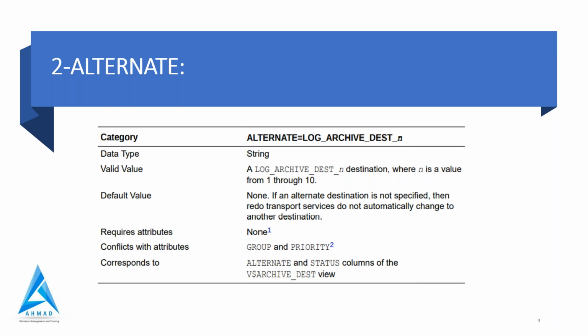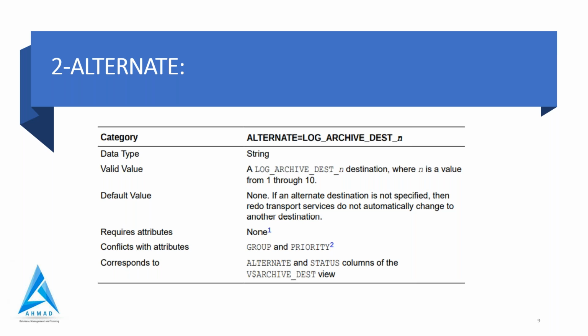If an alternate destination is not specified or MAX_FAILURE is set to 0, then archiving services do not automatically change to another destination if the original destination fails. So you can specify it like this: LOG_ARCHIVE_DEST_1 equals LOCATION equals the path, then MANDATORY and MAX_FAILURE equals 1. So you are telling that failure equals 1.